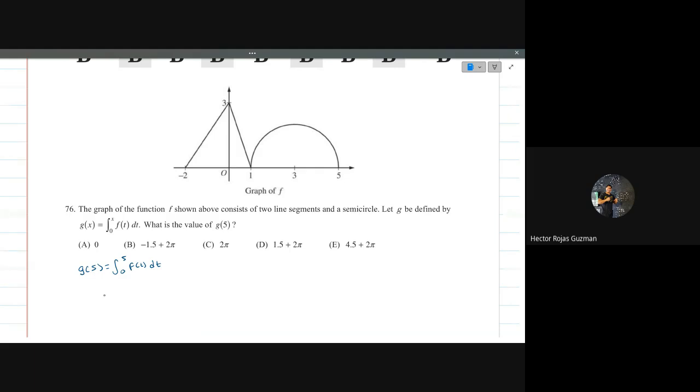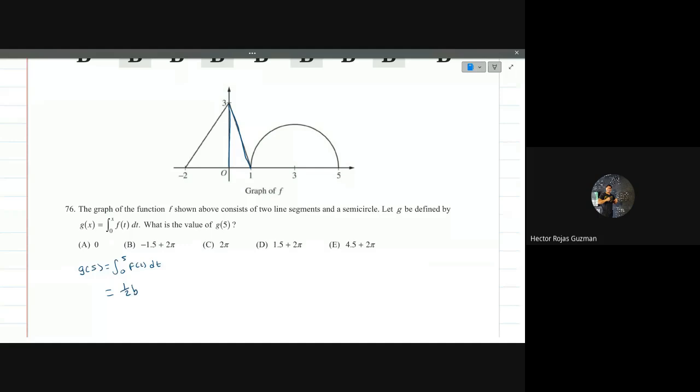And if I start at 0, we're going to be finding the area of a triangle and a semicircle. So we have 1/2 base times height plus 1/2 pi r squared. The base of the triangle is 1 and the height is 3.